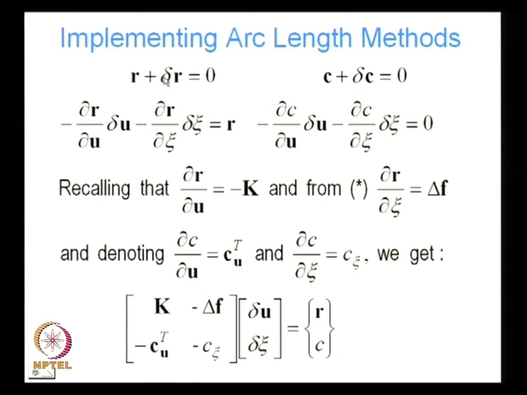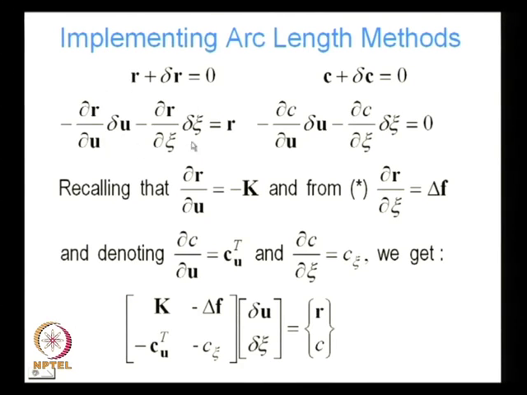Linearize that, delta r I write as del r del u delta u plus del r del xi delta xi, and r plus this must be equal to 0. So, the minus of this must be equal to r. Basically, delta r, just by linearization, is equal to del r del u delta u plus del r del xi delta xi.